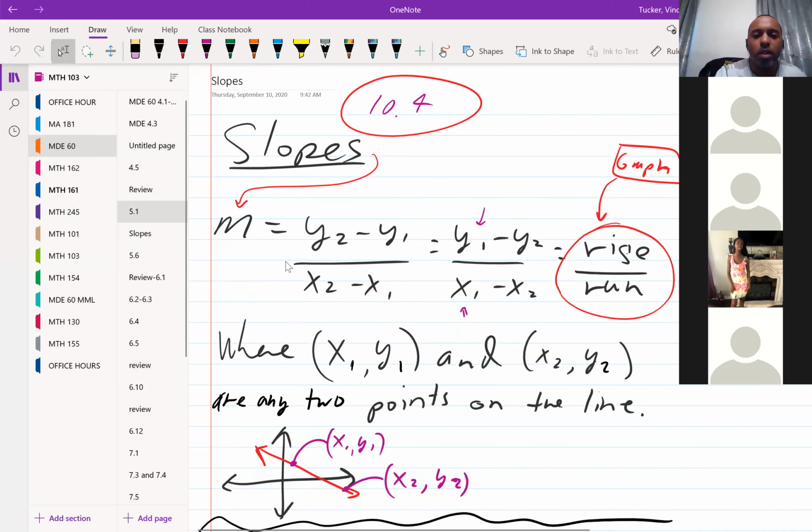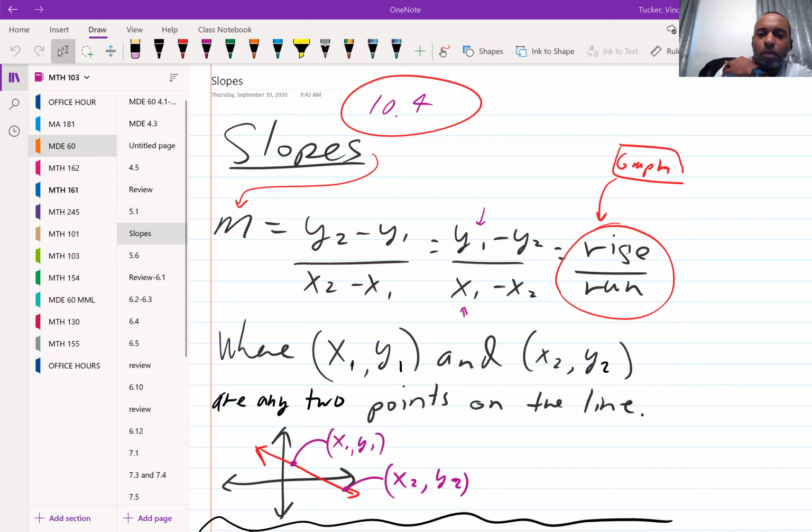Okay, so the last thing we did here was slopes and intercepts. So we're looking at slopes today. And your slopes, I believe this class has it at 4.2. So this is 4.2, still a part of 4.2. Remember we said intercepts and slopes.